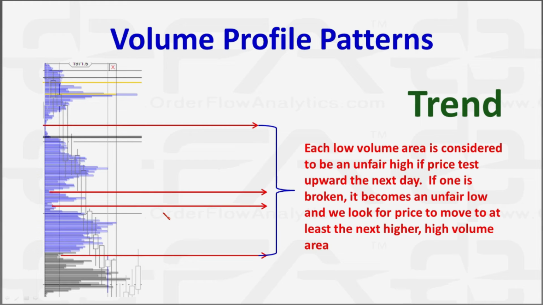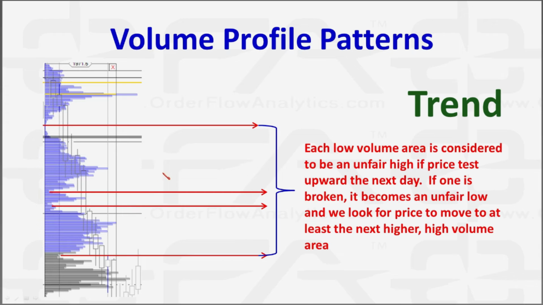If, for example, price opens up here, and let's say we start getting movement to the upside and it stops right there, right, and it moves down. What is this telling me? It's building out this volume right here.